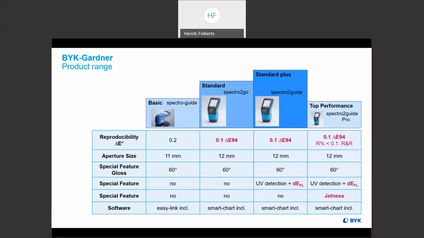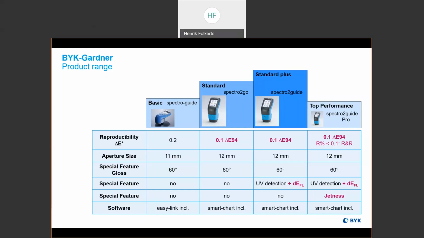One advantage is the possibility of using digital standards, as digital standards can only be used when the technical performance, in detail the reproducibility, is excellent. Furthermore, our Spectro2guide Standard Plus design is able to combine 3 devices in one.